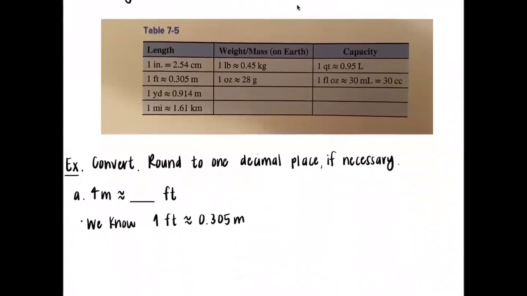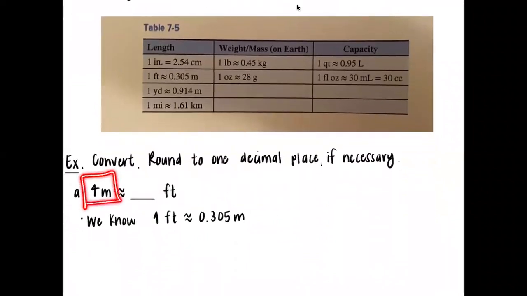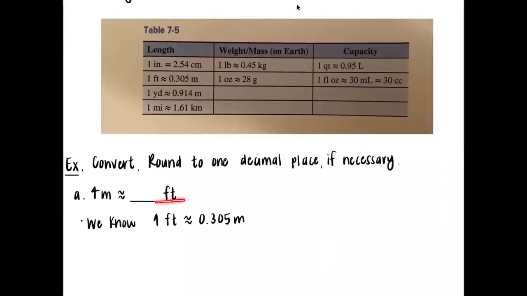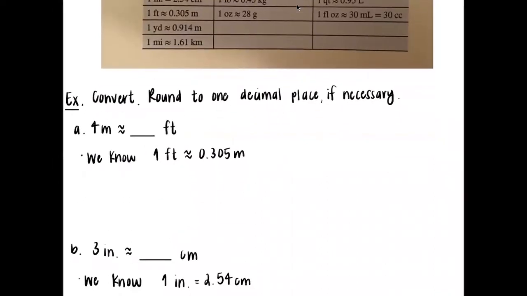Okay, so for our first example, we want to figure out 4 meters is approximately how much of an equivalent measure in feet. Remember, you need your conversion factor. So this is where we'll have that 1 foot is approximately 0.305 meters. That is how we'll begin. We're going to use the stoichiometry method with our fractions, and remember, you always start with what's given.